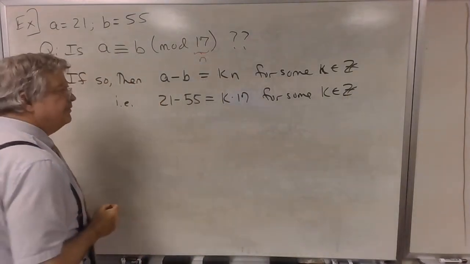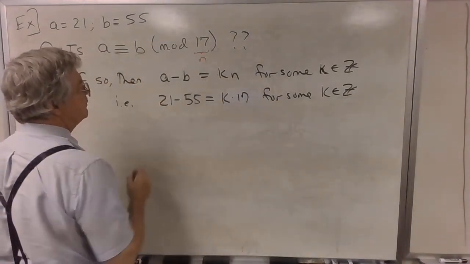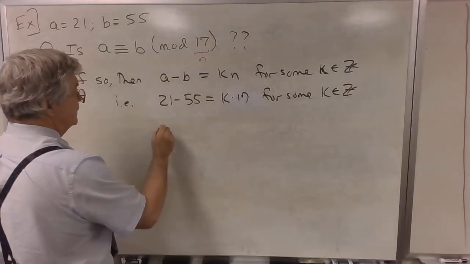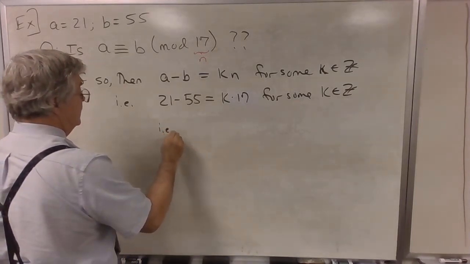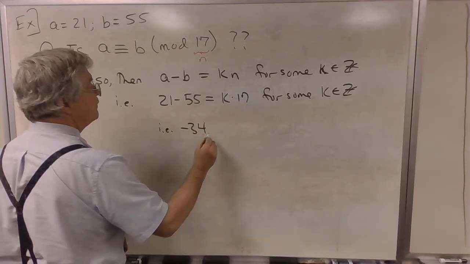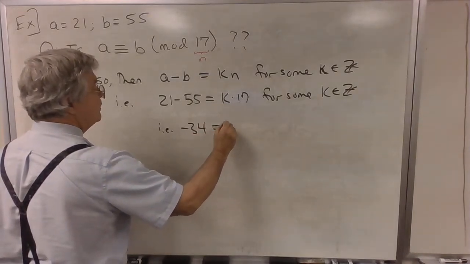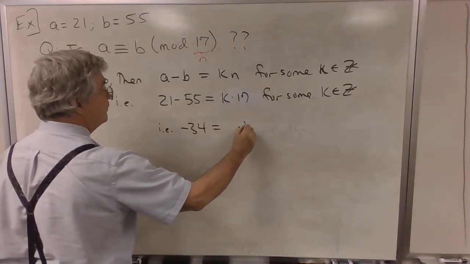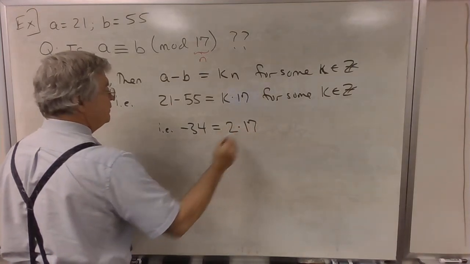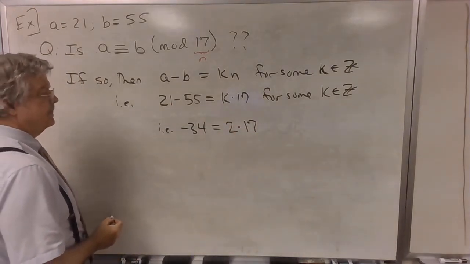Let's see, is this the case? 21 minus 55, negative 34, is equal to negative 2 times 17.